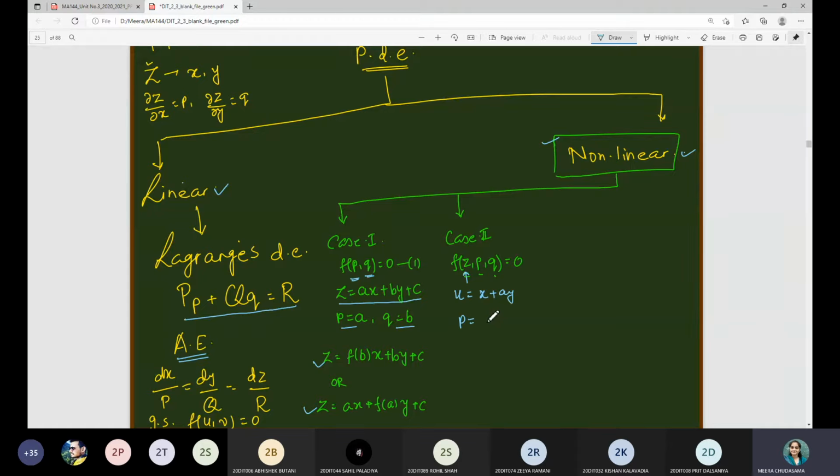In this case you will get p as dz by du and q as a dz by du. When you substitute this in the given expression, it becomes an ordinary differential equation, which we solve either by separable variables or a method known to you. Then you write down the solution in terms of z and u, in which finally you substitute u as x plus ay, right? So that is what case 2 we have seen.